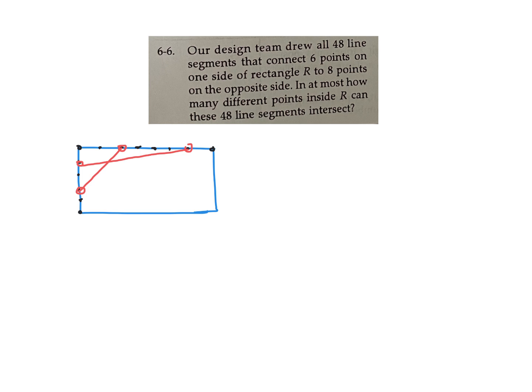So this, obviously, is a point of intersection, this green dot that I drew. Now, how did we get that? We got it from 4 points, 2 on one side and 2 on another side, and that creates these two lines that create a point of intersection. They're the diagonals, basically.